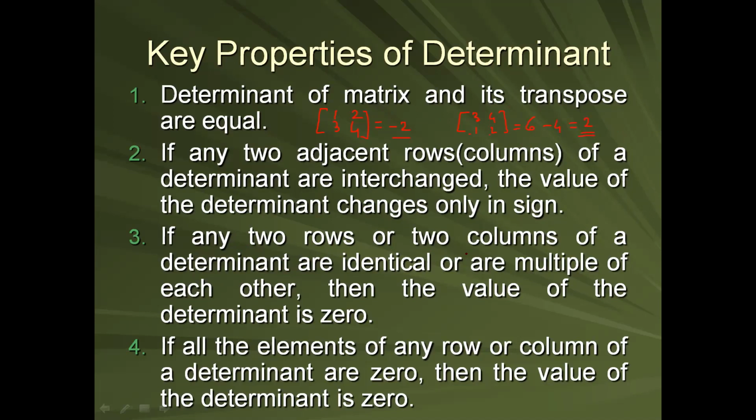If any two rows or two columns of a determinant are identical, identical means they are the same, or they are multiples of each other, then the value of the determinant is 0. This is the one we just discussed, the example I gave you. Okay, it was the example for this second part.